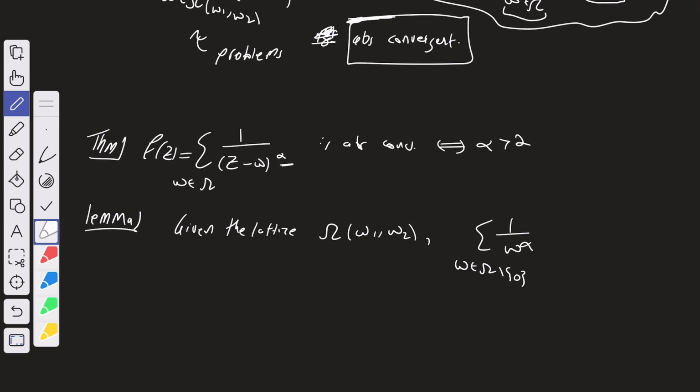This series converges absolutely if and only if alpha is strictly bigger than 2.